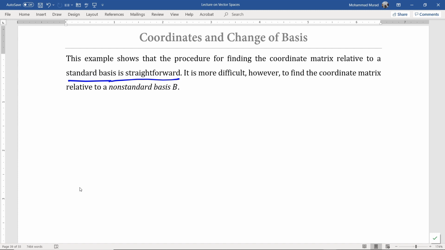But it is more difficult to find the coordinate matrix relative to a non-standard basis B, since it involves the application of a sequence of elementary row operations to reduce the coefficient matrix to its reduced row echelon form.